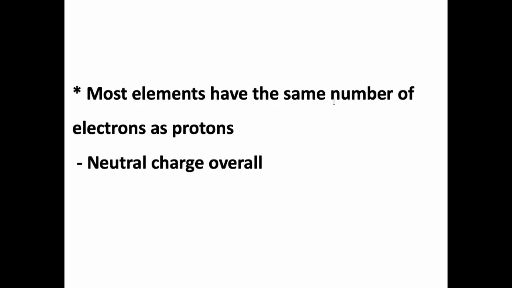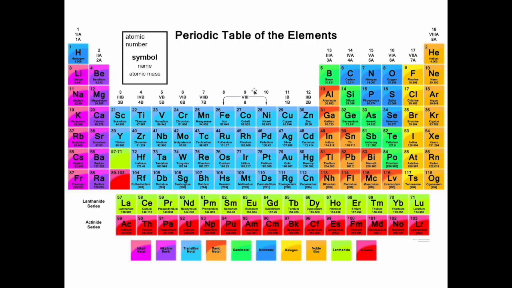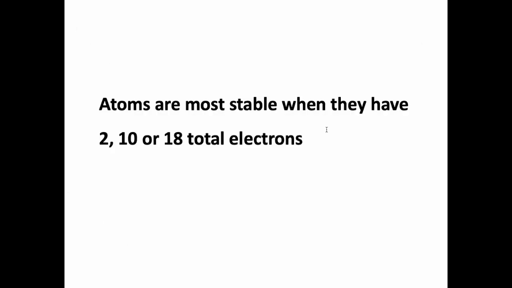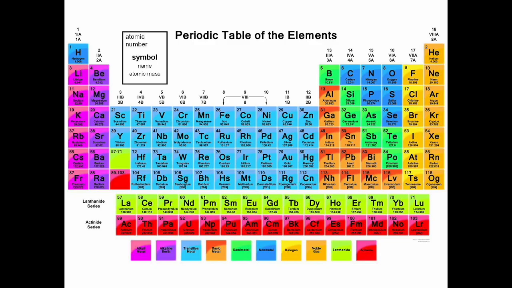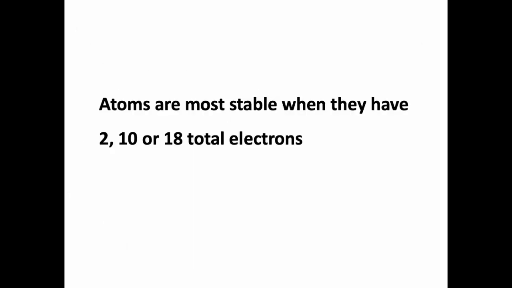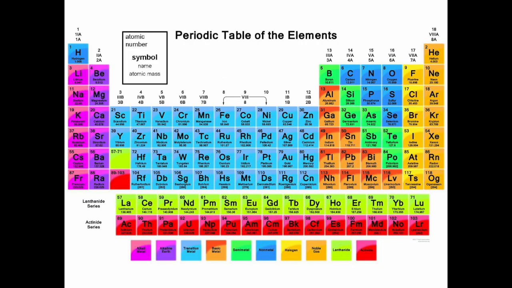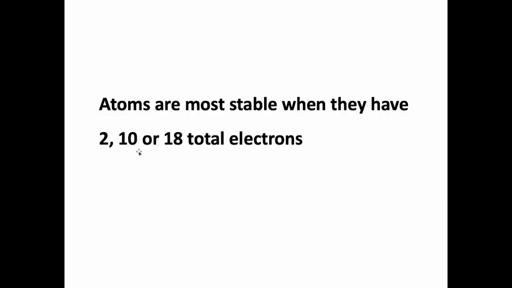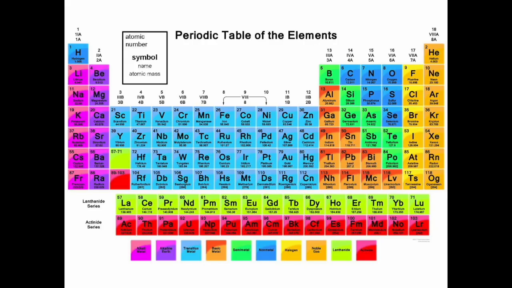So like I just said, most elements have the same number of electrons as protons. So if we go back to this table here, helium, 2 protons and 2 electrons, it's stable, it's good. Neon, 10 protons, because it's atomic number 10, 10 electrons, it's stable. There's argon with 18 and so on. These things are fine, but most other things are not.